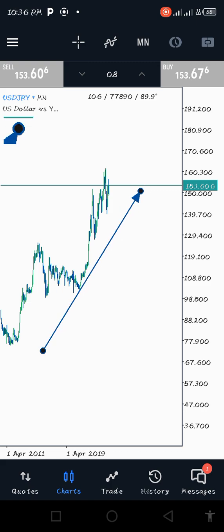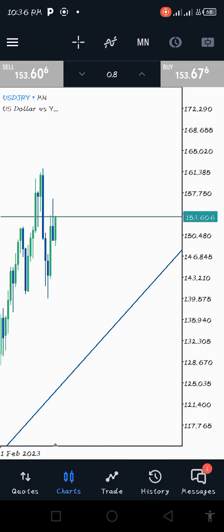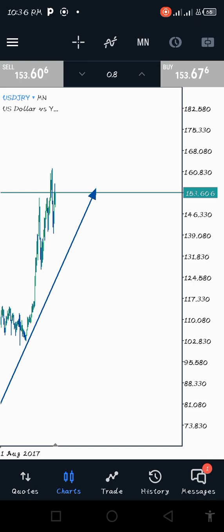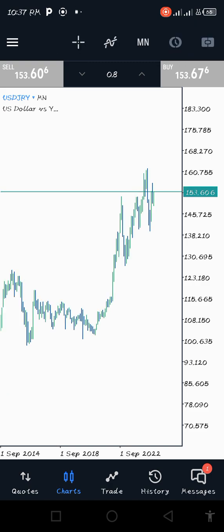We are not here to trade. We are not here to buy or sell. We are just here to understand the overall direction on USD JPY. So understanding that full well, we can delete this tool that I just drew out.